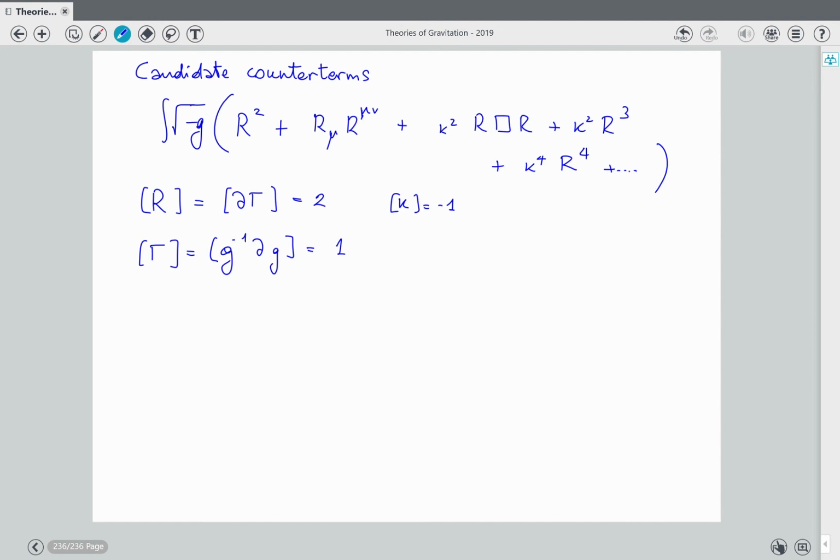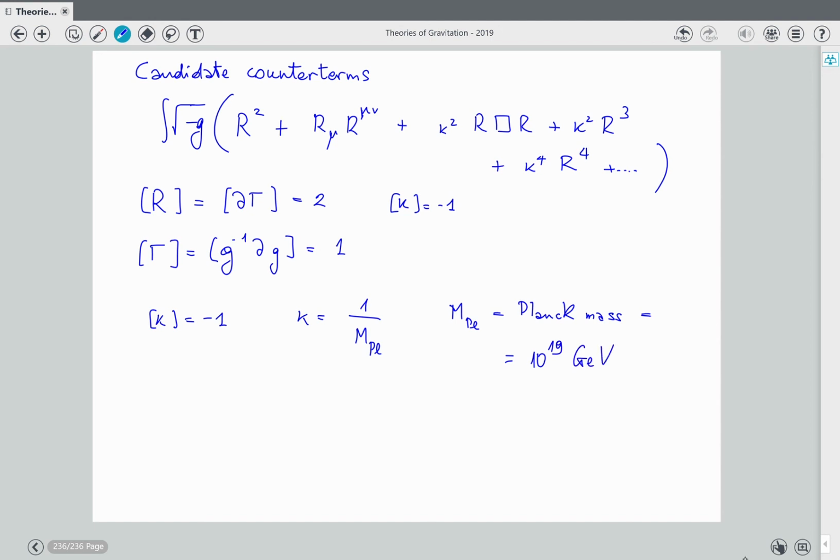However, at low energies, all these terms are negligible because this kappa has dimension -1, and indeed it is 1 divided by the Planck mass, which is 10 to the 19 GeV.